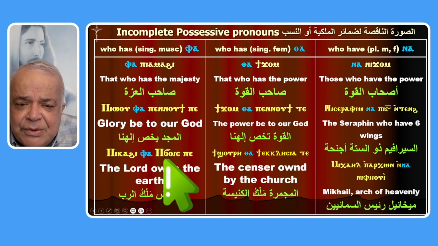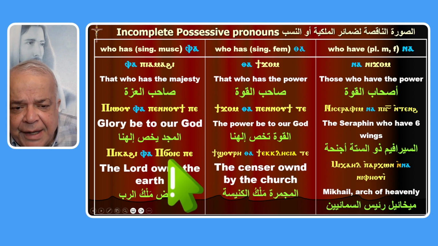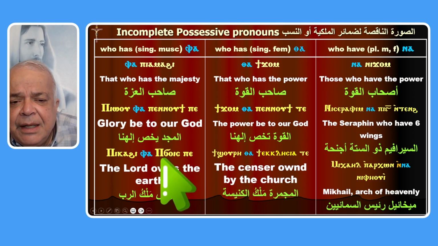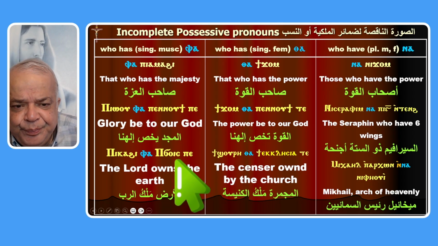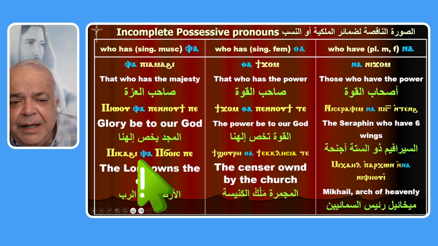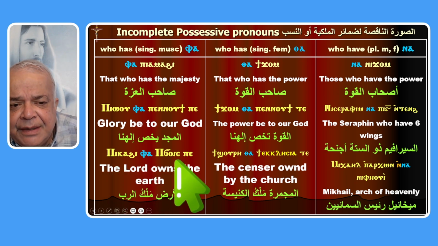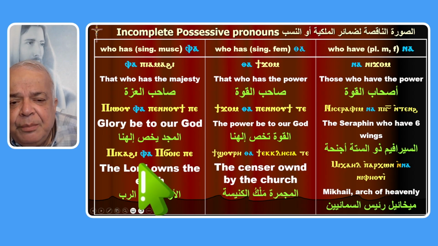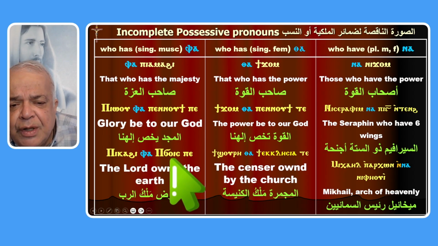There for masculine singular, et choice, et she ma, o yota sima, again means master or lord. So pikahi fa ep choice, the earth belongs to the Lord.